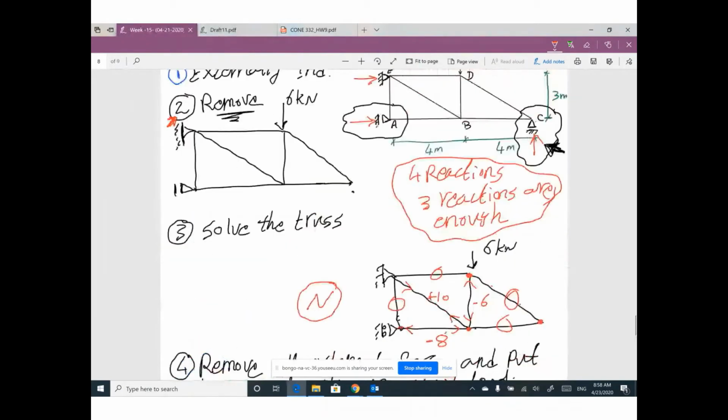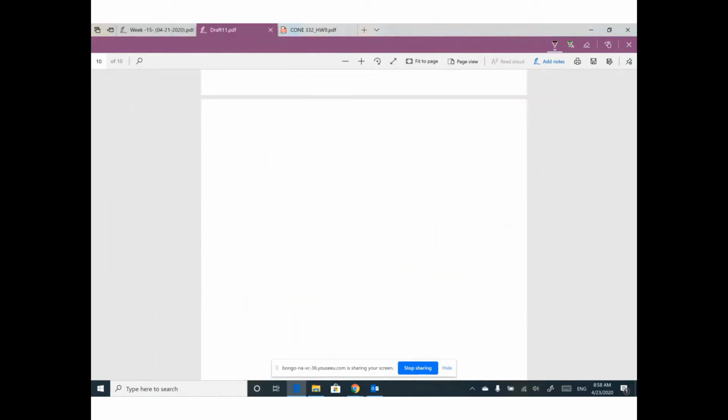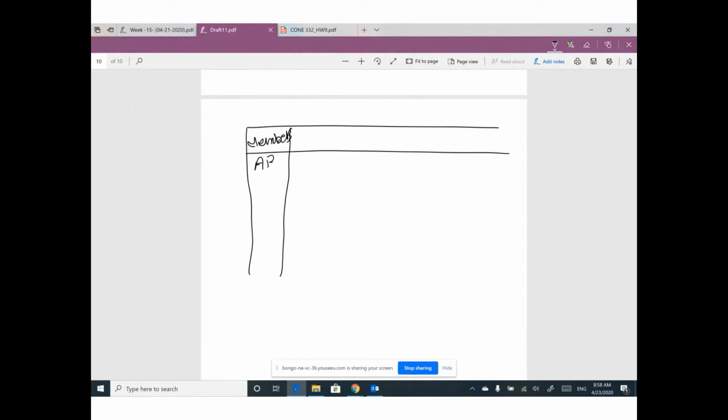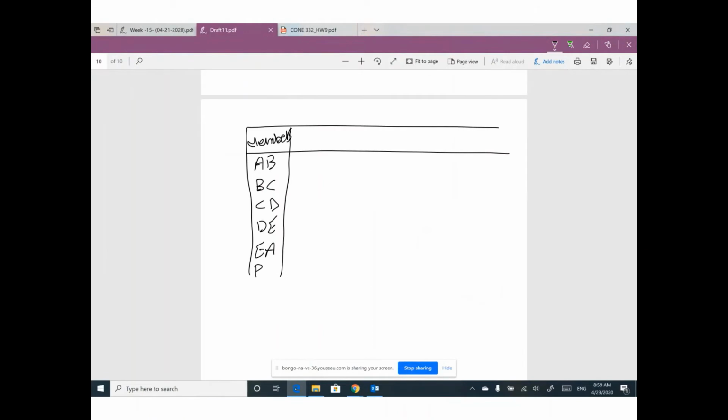We have members A, B, B, C, C, D, D, E, E, A. What else? We have B, D, and B, E.